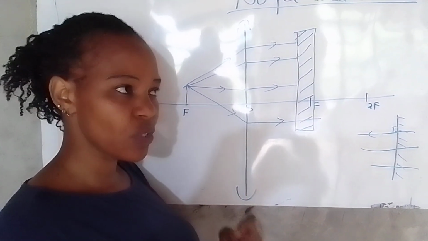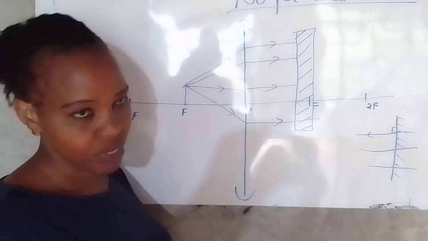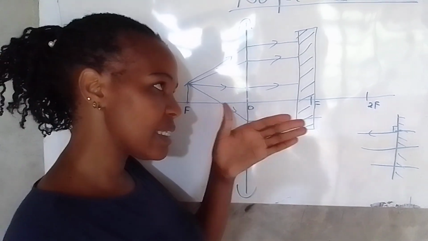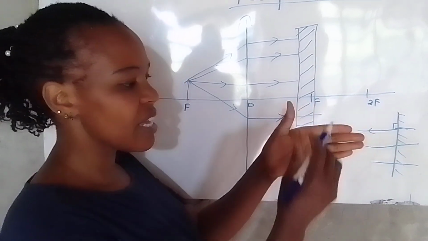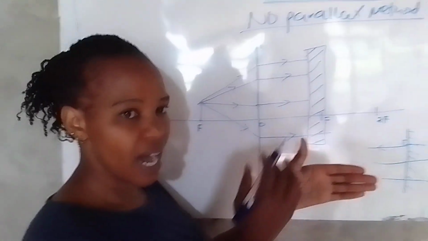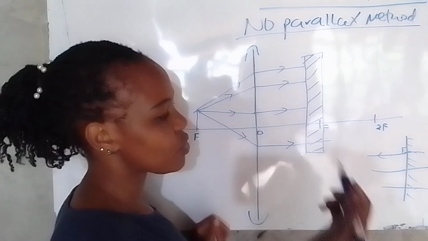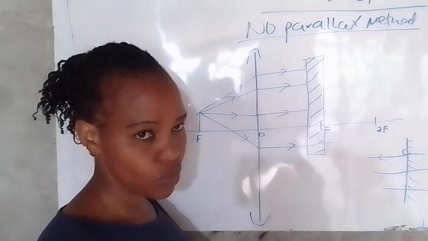But all angles, as we know, are measured from the normal. So any angle is measured from the normal. So if the ray is passing through the normal, then the angle between the ray and the normal is 0. So the angle of incidence is 0, and so the angle of reflection is also going to be 0.